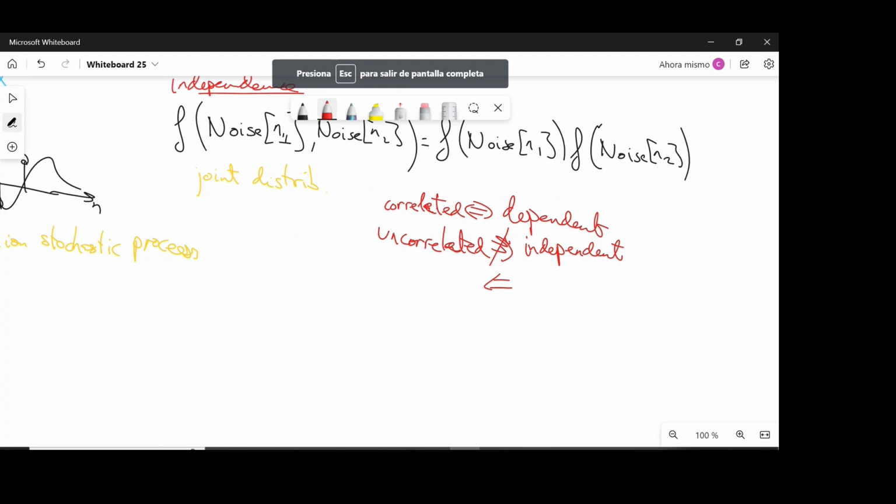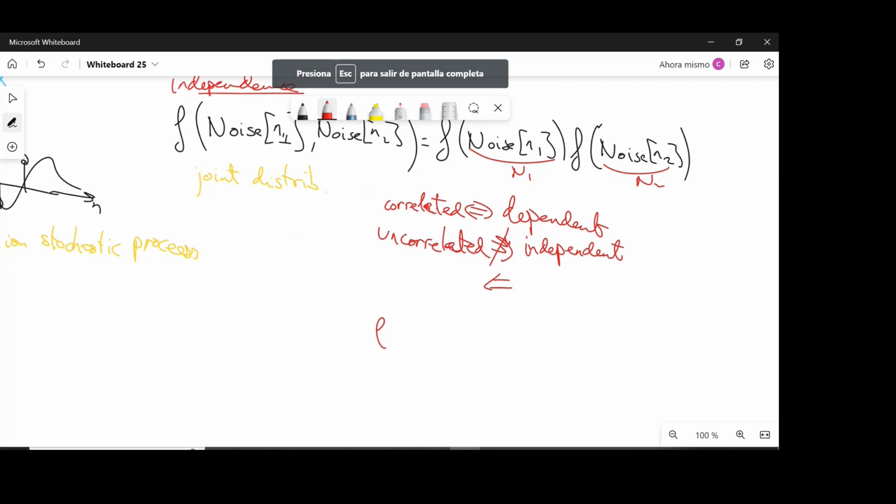And the reason is, what is correlation then? So you may remember from statistics, correlation between, I will call this N1 and N2. Those are two random variables.